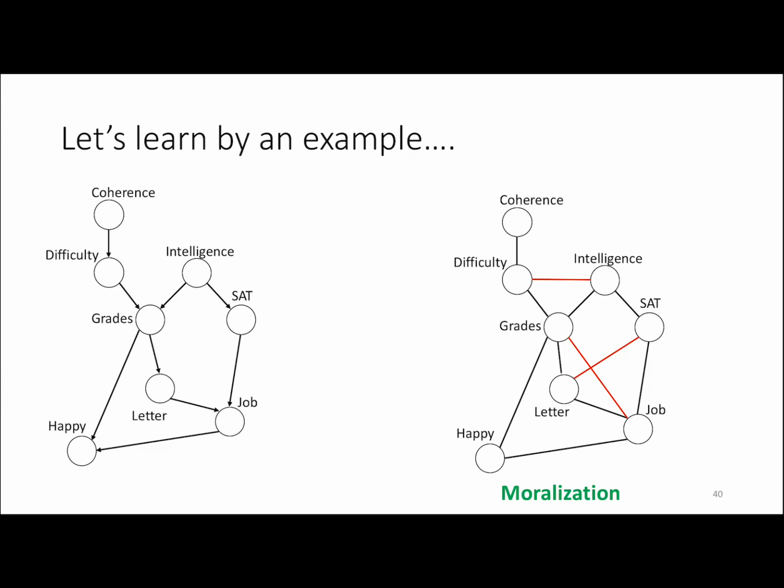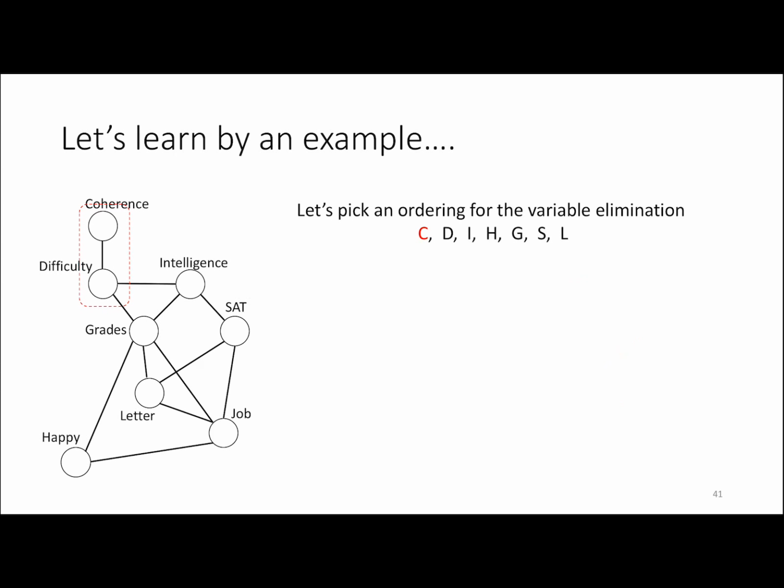We first moralize the graph, and we start our elimination procedure. Remember that finding the optimal elimination order is NP hard. But let's pick one procedure. Let's peel off from the coherence. Let's say I propose this ordering of the elimination. It's the same procedure I told you last time in the previous class. So we start removing C first. That involves a clique of C and D.